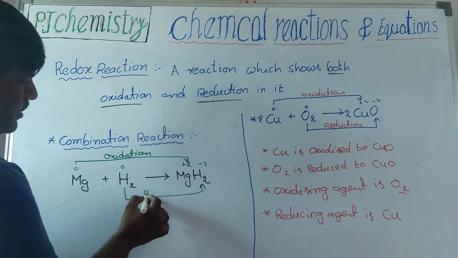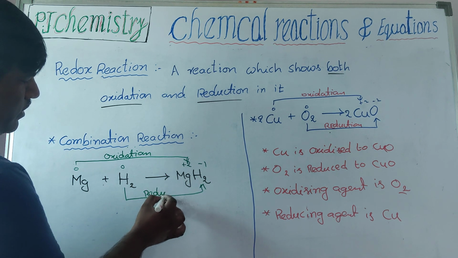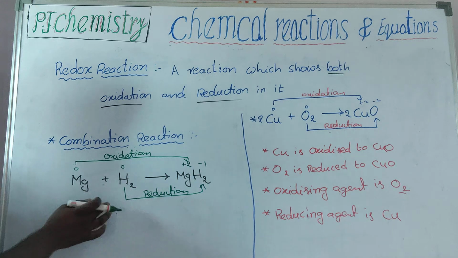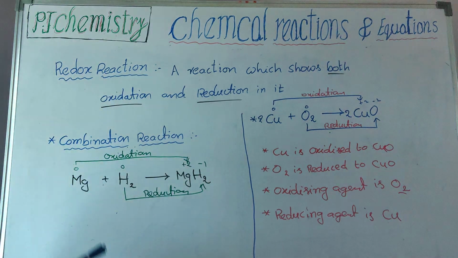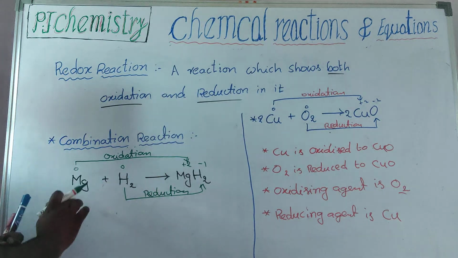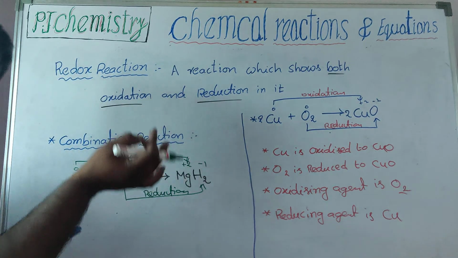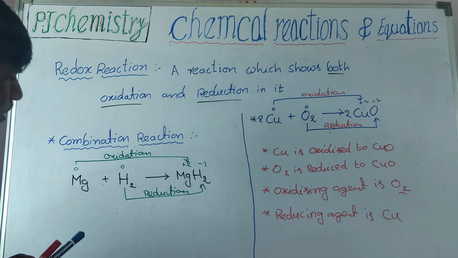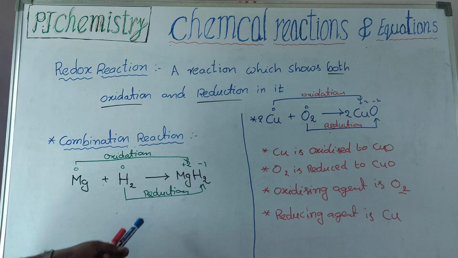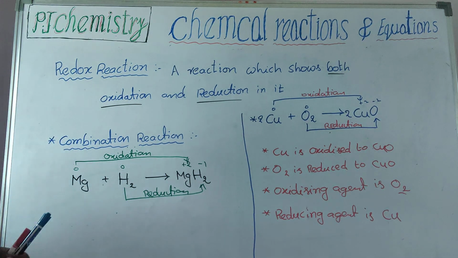Decreased means reduction. Increased oxidation number is oxidation, decreased oxidation number is reduction. Now obviously you can say the one undergoing oxidation is magnesium, so that we call the reducing agent. The one undergoing reduction is hydrogen. Hydrogen is considered the oxidizing agent. Same like this.